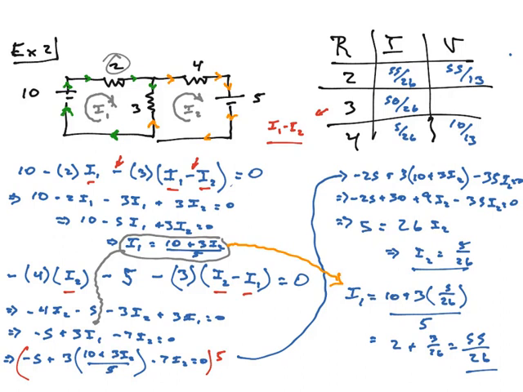So I1 minus I2, there's his current. I want his voltage, I times R, 3 times 50 over 26 gives me 150 over 26, which, of course, we can simplify. 150 over 26 is the same as 75 over 13. And there we go. Table is filled out, just like before.